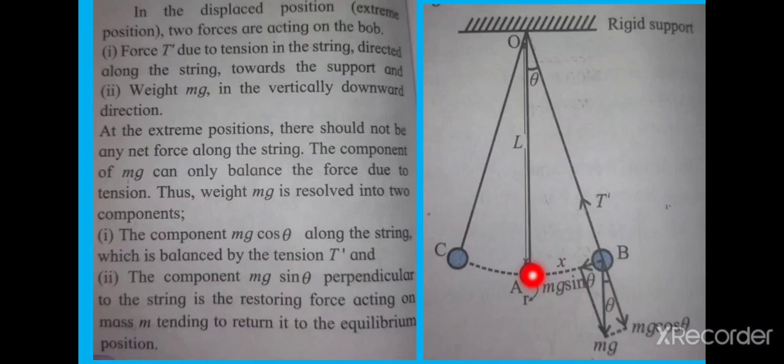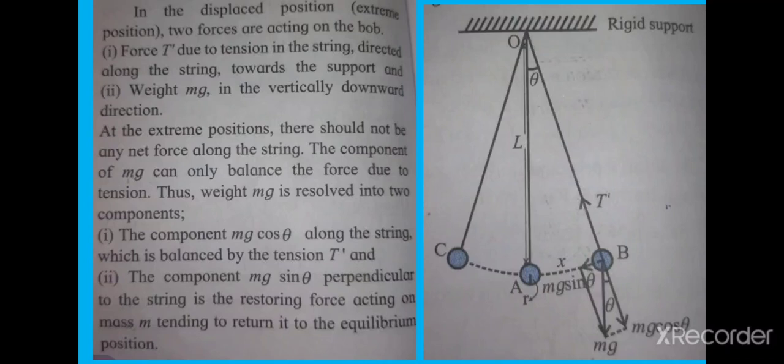If the pendulum is displaced through a small angle theta and released, it begins to oscillate on either side of the equilibrium position or mean position, that is, it oscillates from point B to point C and again to point B. That means this bob performs SHM about the mean position for small angular amplitude theta.